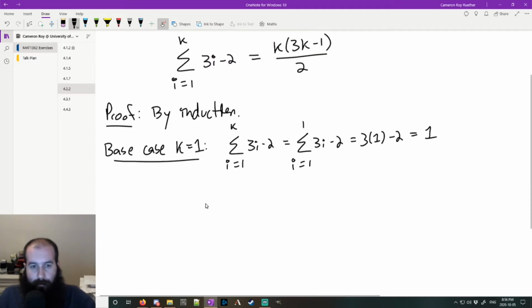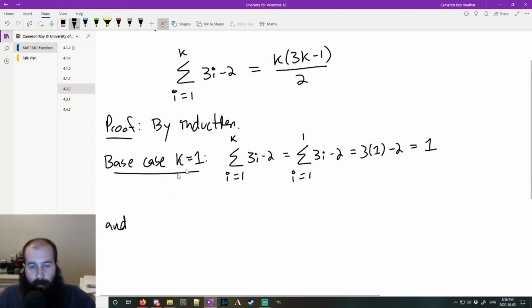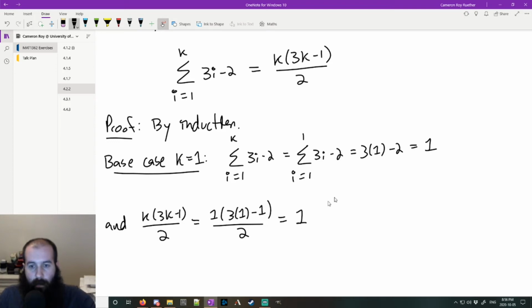And this expression, where we're allowing ourselves to use rational numbers now and divide by 2, is just equal to 1 times 3 to the 1 minus 1 over 2, which is 1 times 2 over 2, which is 1. So these are equal when k is 1, which is what we wanted from the base case. Our claim is that these are equal, and when k is 1, they are.